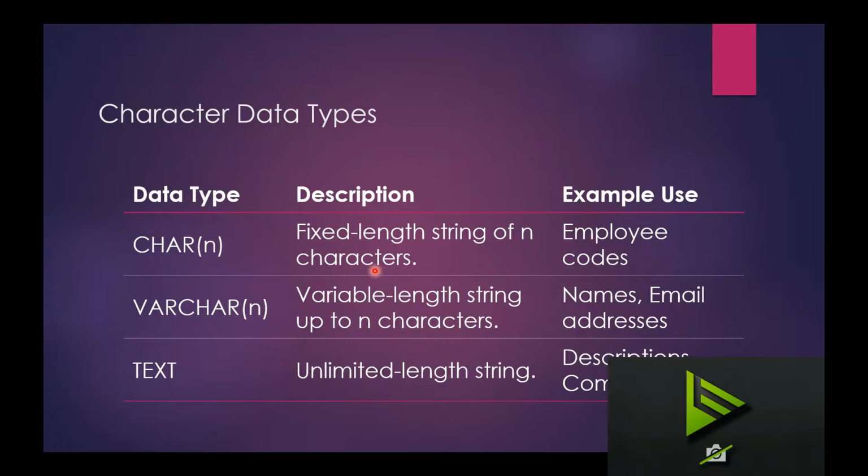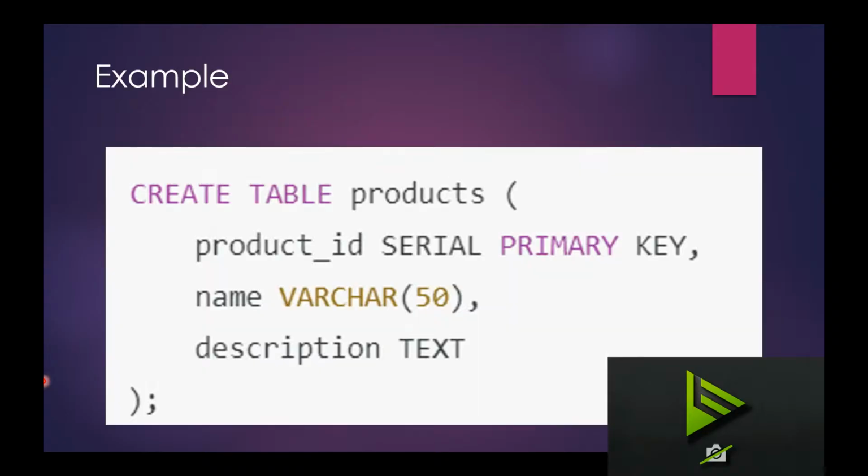So always use VARCHAR and give the length. Suppose my name is Simab, then 50 characters is enough for me, and I can adjust accordingly. TEXT is an unlimited-length string. These are the sequence of this code.